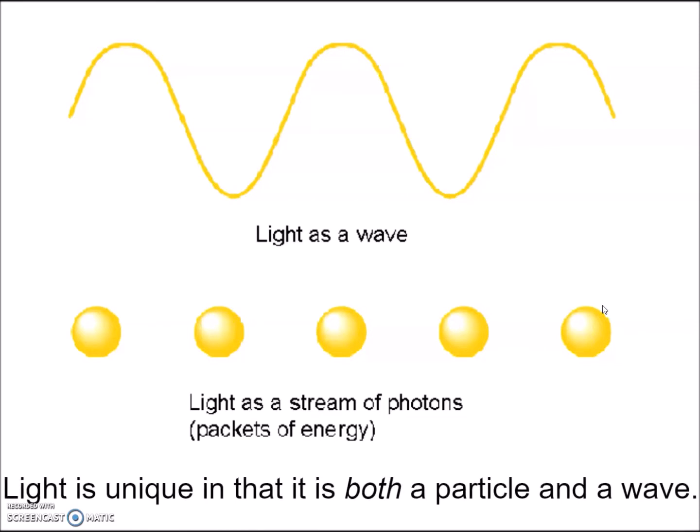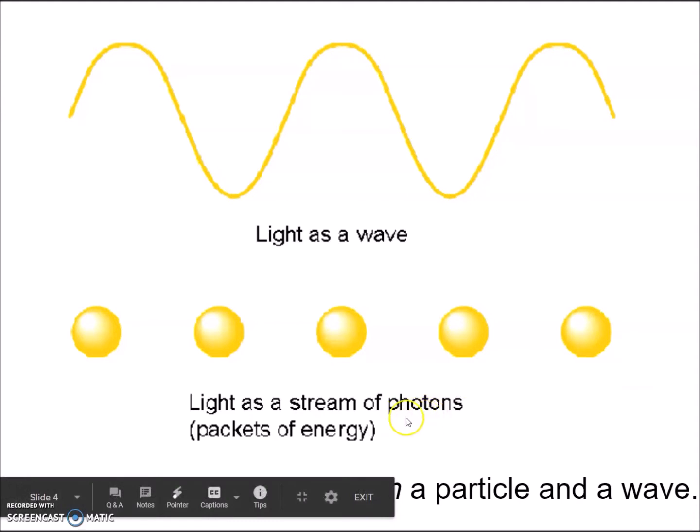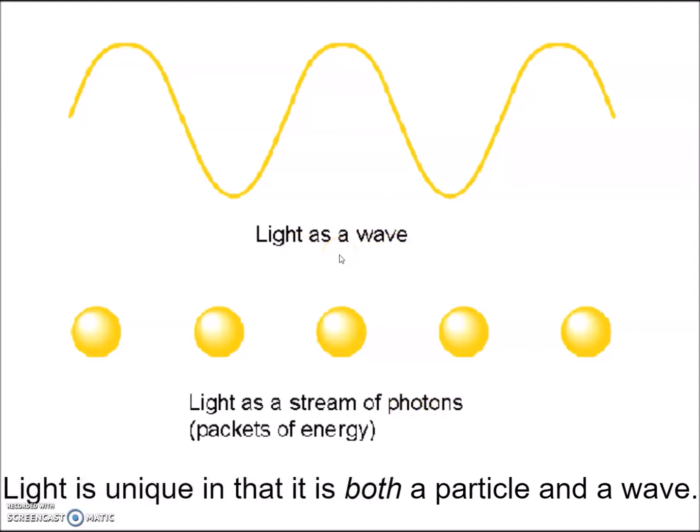It's not both. But light is both. The particle of light is called a photon, and yet it also behaves as a wave. It can be transmitted through space where there's no other particles. Space is almost a complete vacuum, nothing in it, and yet light can travel through space.